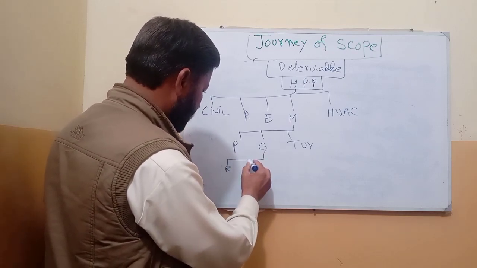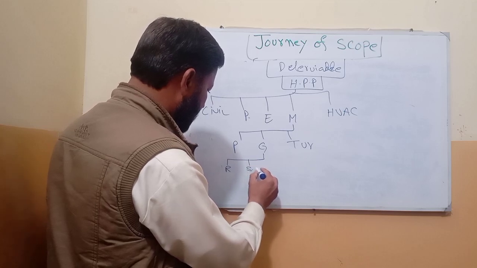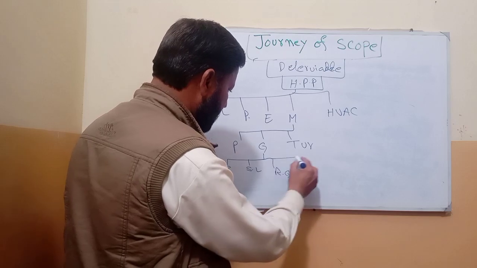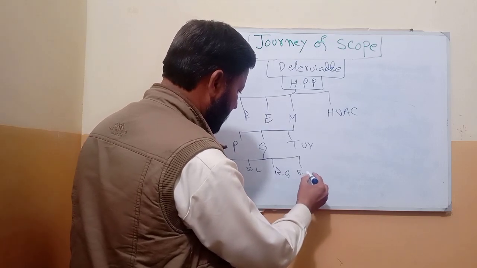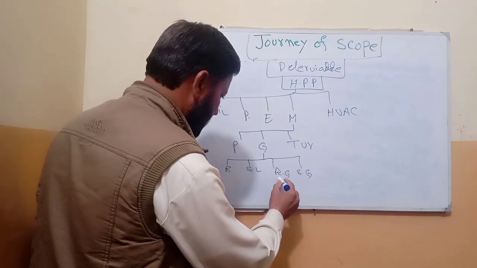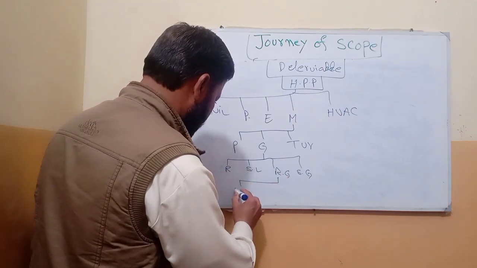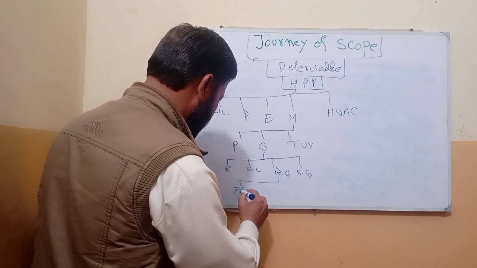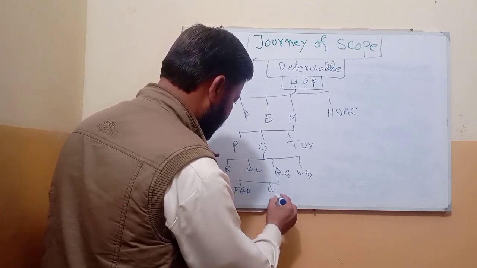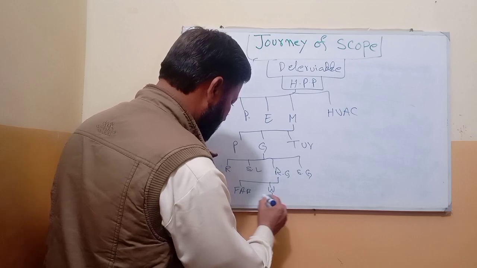Then decompose gates further: radial gates, stop log, roller gate, slide gate, like that. Then further I will decompose radial gate: fabrication, welding, and then I will decompose welding more.